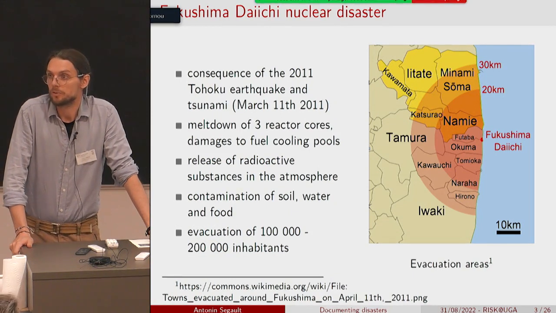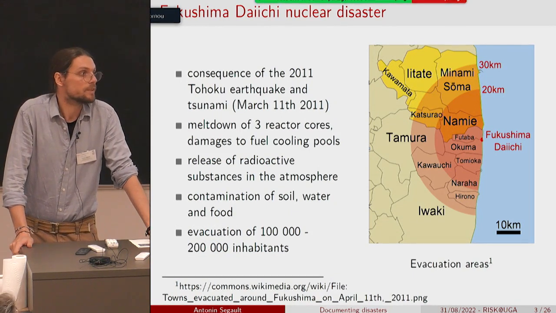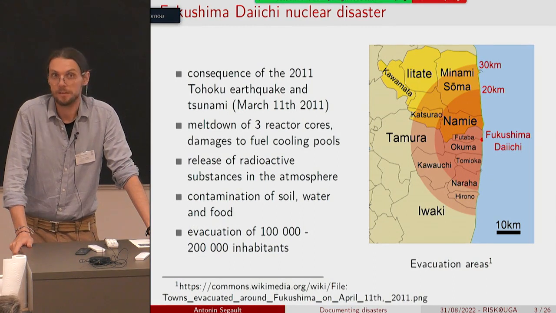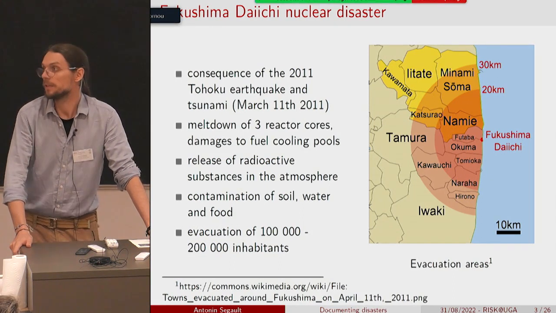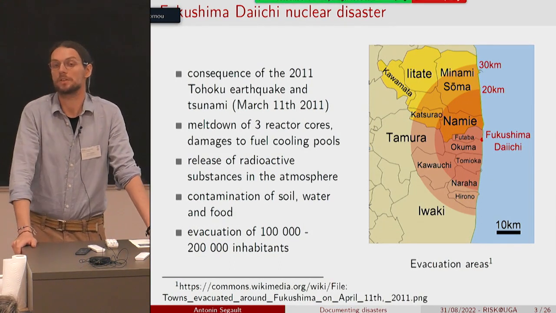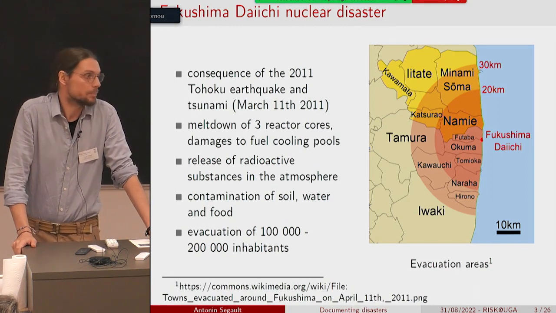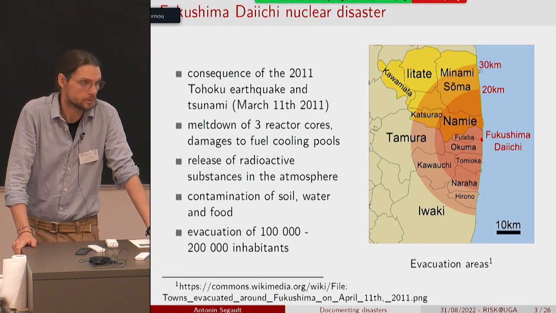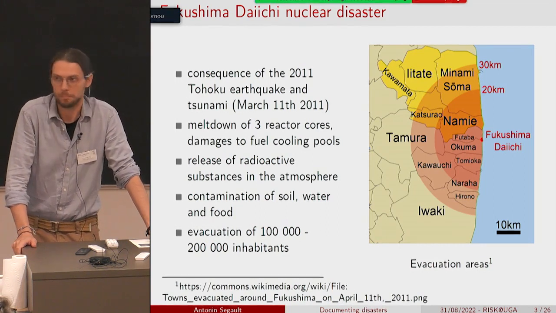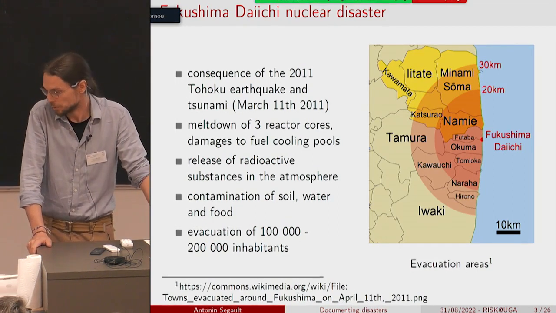And this resulted in the loss of all cooling system in the plant, leading in the following days and weeks in the release of radioactive materials into the environment, contaminating the air, the water, the soil, the crop, basically. That's a very bad situation.